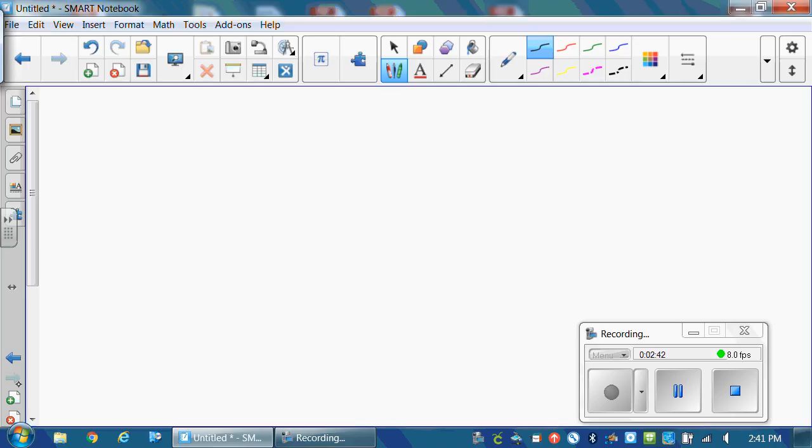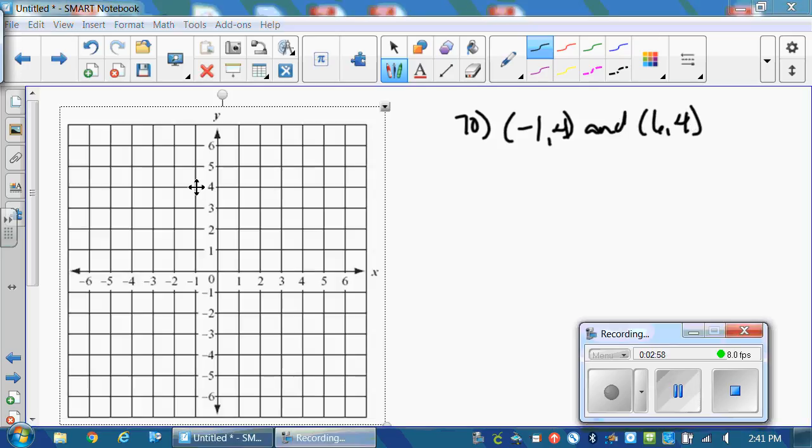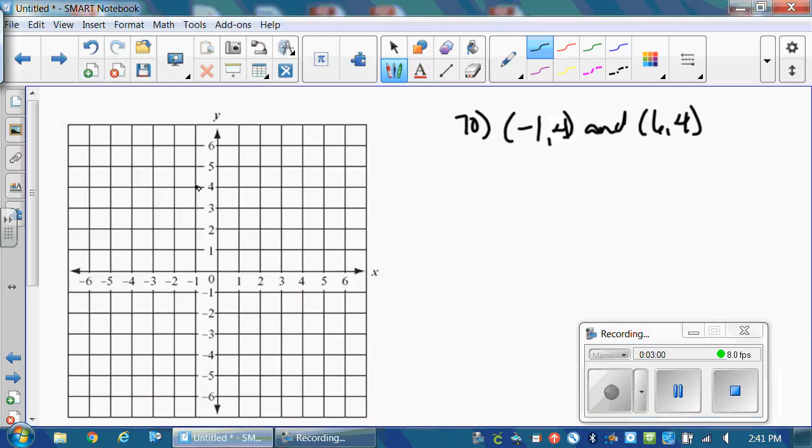Alright, problem 70. Find the slope-intercept form of the equation of the line passing through the points and sketch the line. In 70, they give me the points (-1, 4) and (6, 4). So (-1, 4) is here, (6, 4) is here, so I'm looking at this horizontal line.